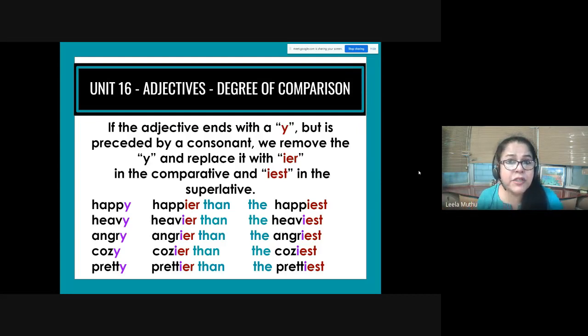V comes before the Y, which is a consonant. Angry, R comes before the Y, which is a consonant. Angrier than, the angriest. Cozy, Z comes before the Y, so we say cozier and the coziest. We remove the Y. Pretty, T comes before Y, which is a consonant. Prettier than and the prettiest.